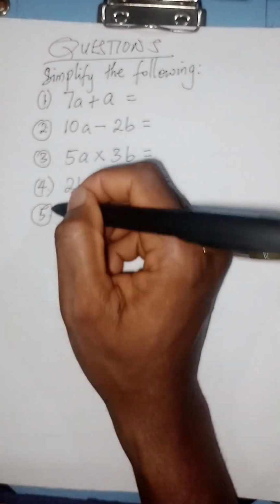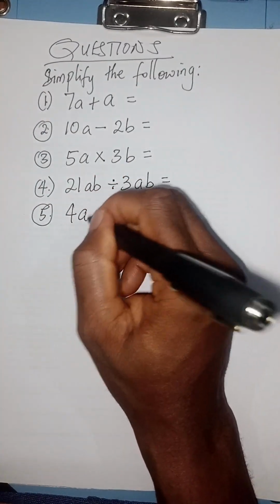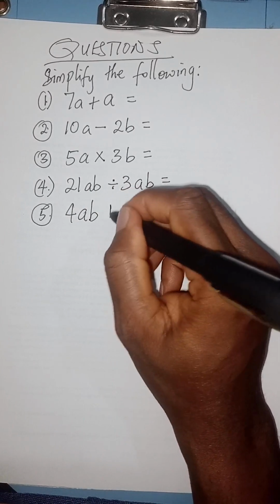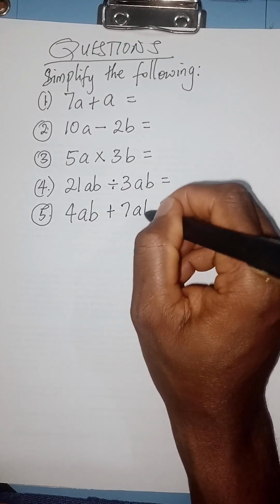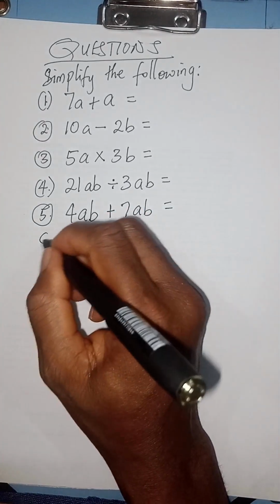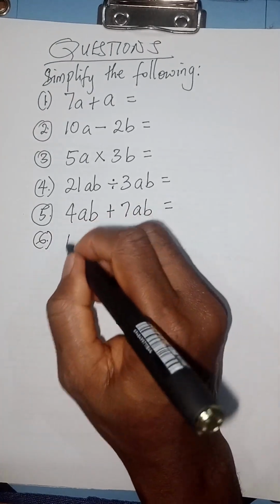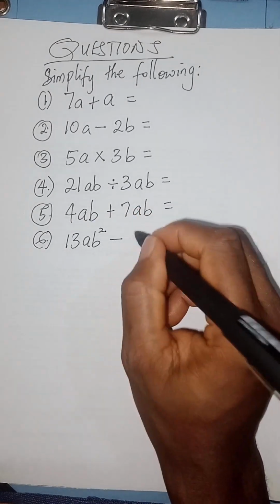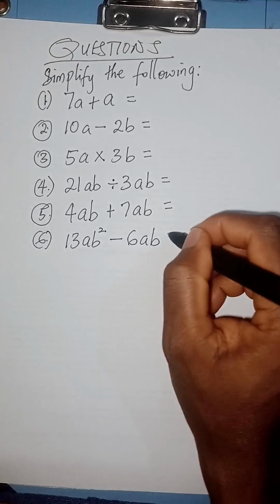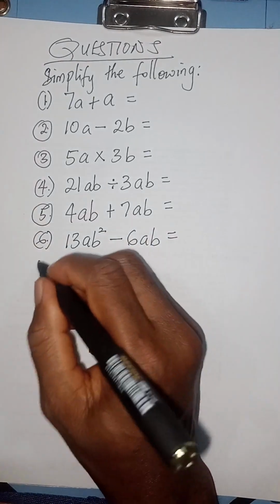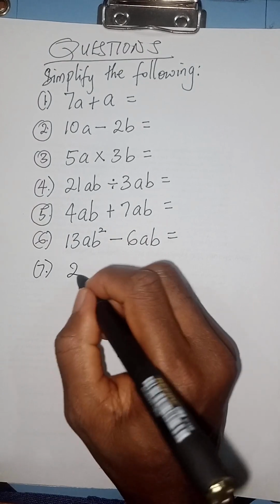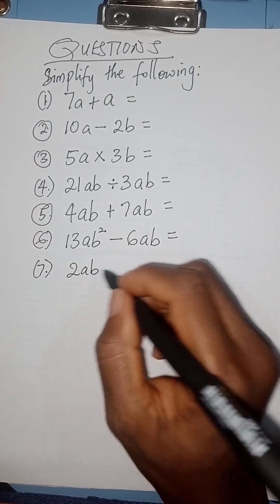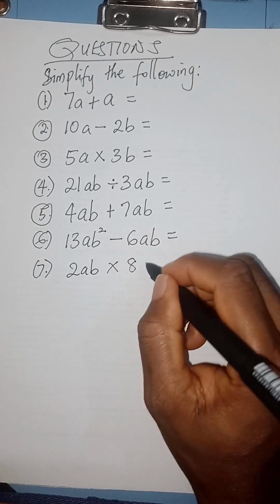Number five, 4ab plus 7ab. Number six, 13ab squared minus 6ab. Number seven, 2ab times 8ab.